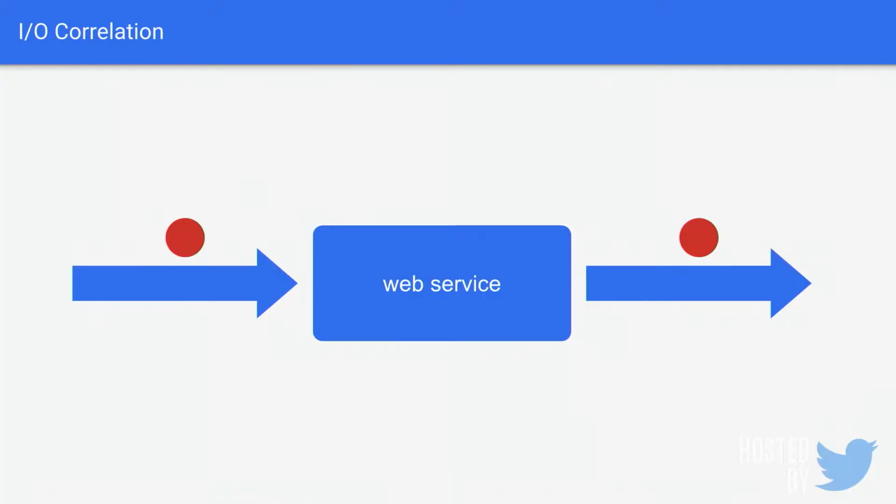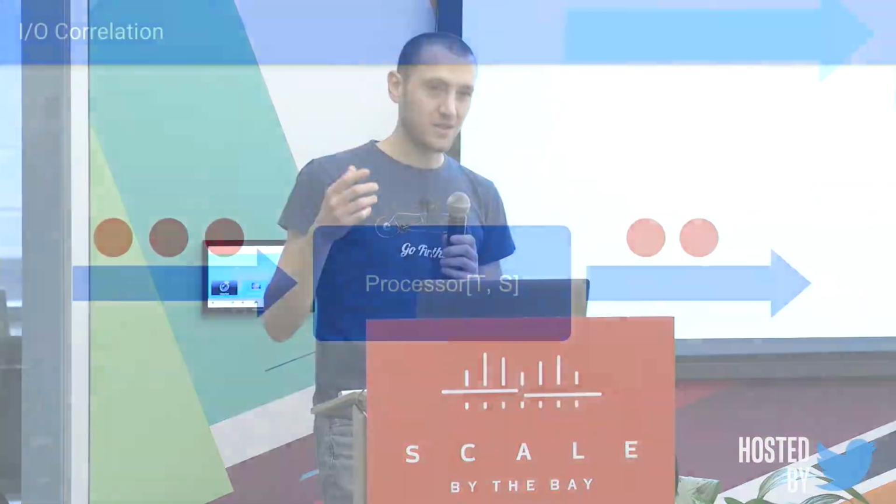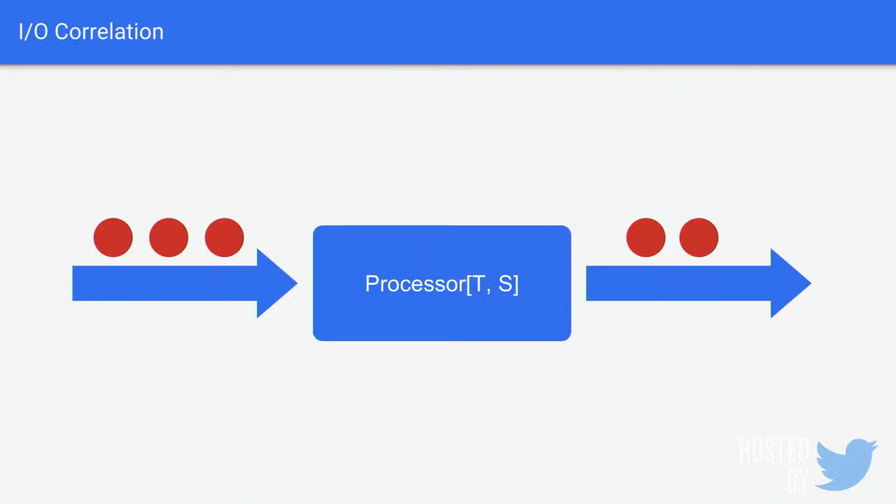Secondly, in a traditional web service, you present one request in input and you expect one response in output, if the service is healthy. If you're dealing with a more generic streaming app, you don't necessarily have this linear correlation between inputs and outputs. The generic streaming processor, or flow materialization if you live in the Akka Streams world, is not a function.